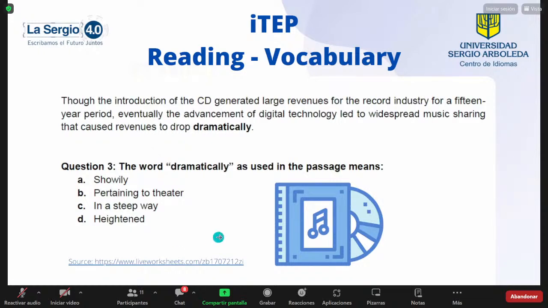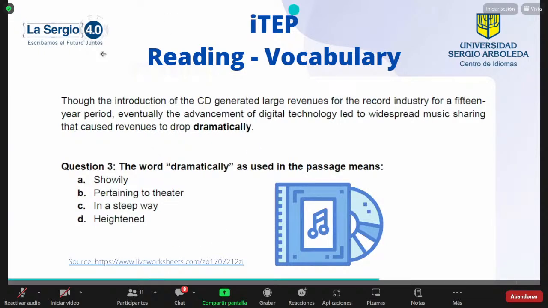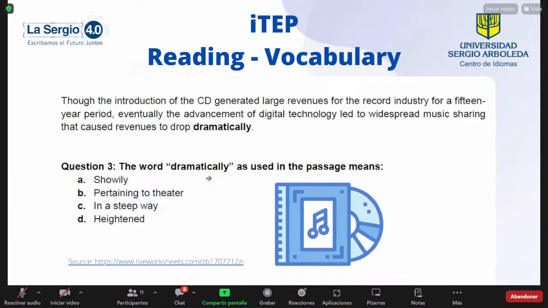Guys, here, remember what I told you? All of you are writing heightened. But think about it, to drop. Here, dramatically is an adverb. Heightened is an adjective. I told you always change it by an adverb or by an expression that means the same.